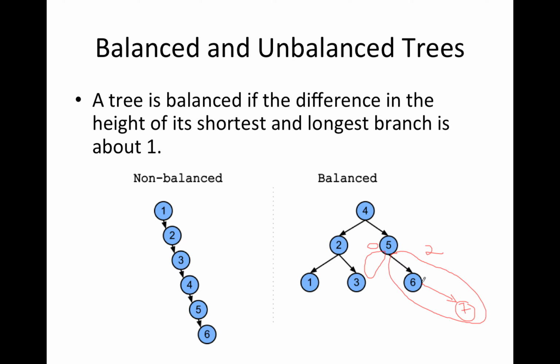So now the difference between the left subtree and the right subtree for a particular node is greater than 1. In that case, this tree would be called an unbalanced tree. But as it stands now, it's a balanced tree.